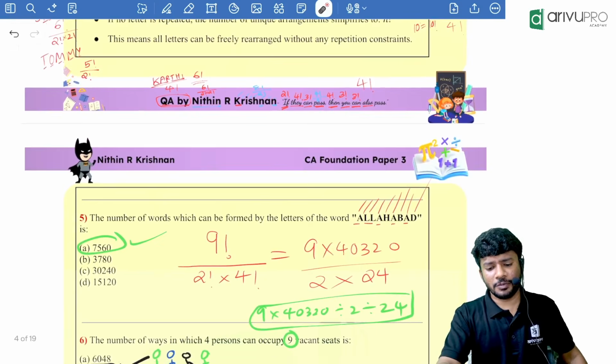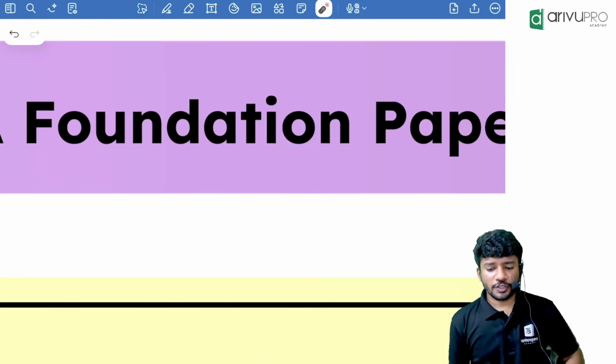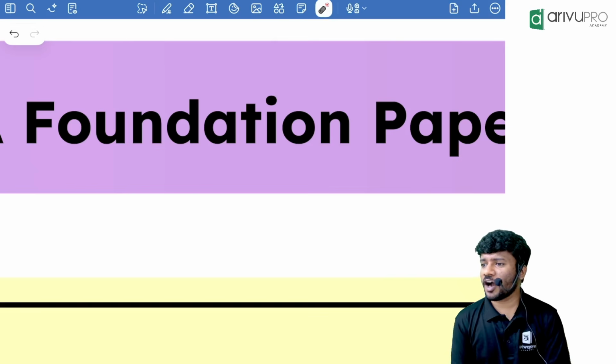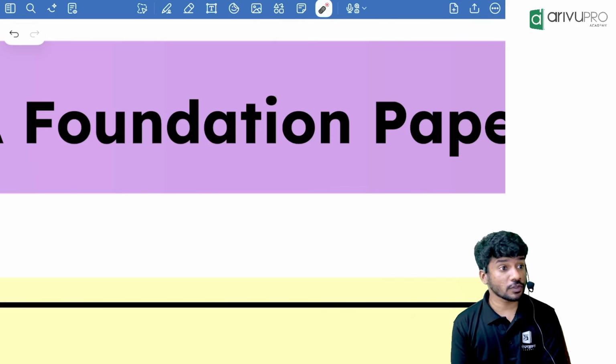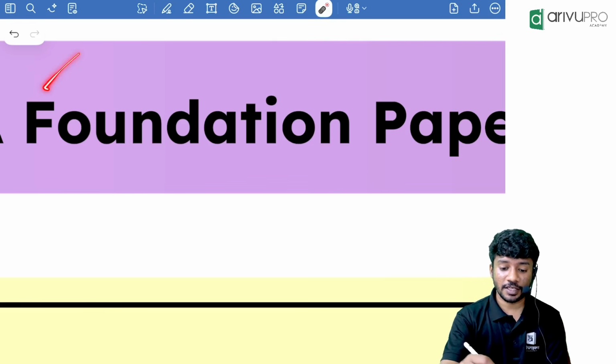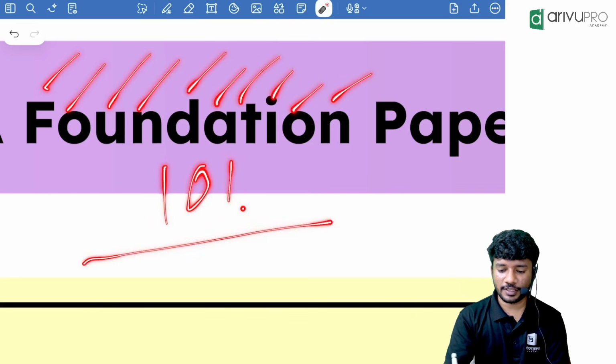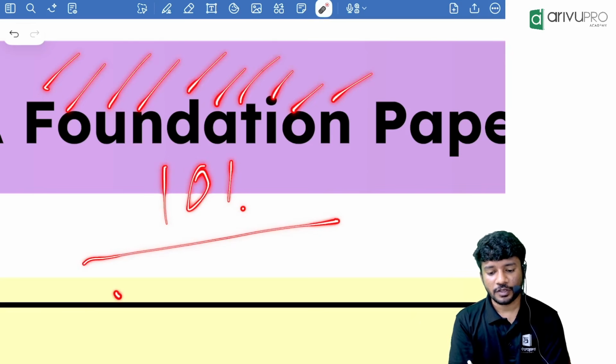Okay, people. Now my random question, the foundation. Using the letters of the word foundation, how many new words can be formed by rearranging? Tell me. How many letters are there in total? 1, 2, 3, 4, 5, 6, 7, 8, 9, 10. That means 10 factorial divided by what is repeated.